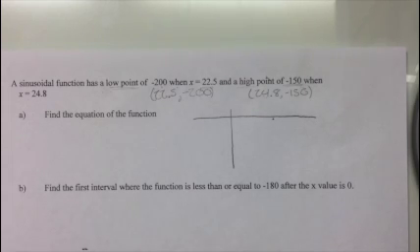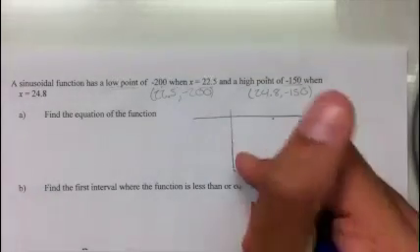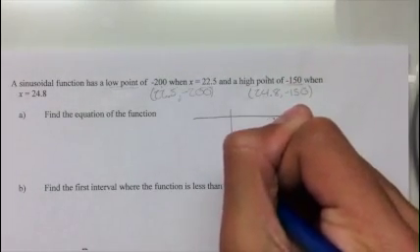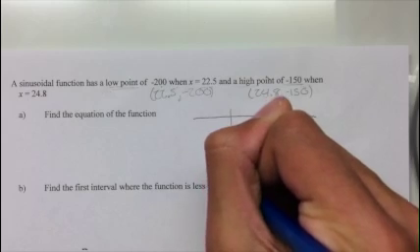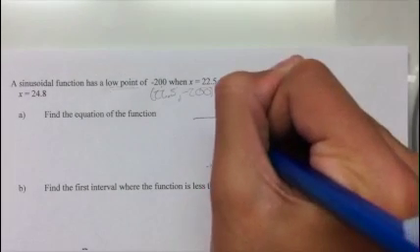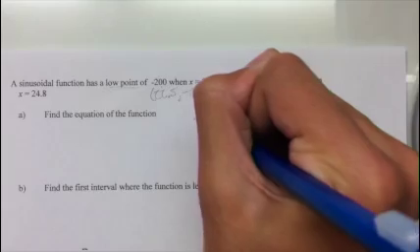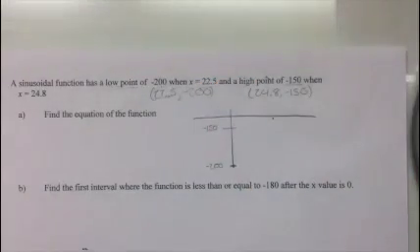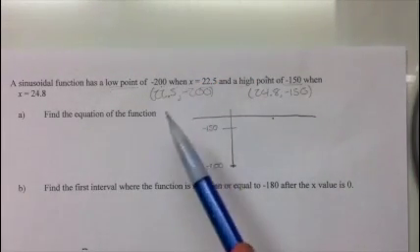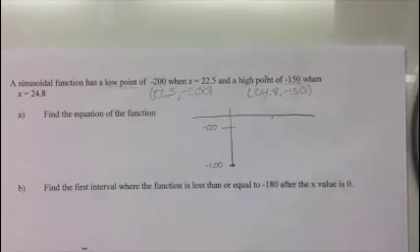Then we label the low and the high points of the graph. So we have negative 200, which is right here, and negative 150, which is up here. Next, we put down our x values, so 22.5 and 24.8.